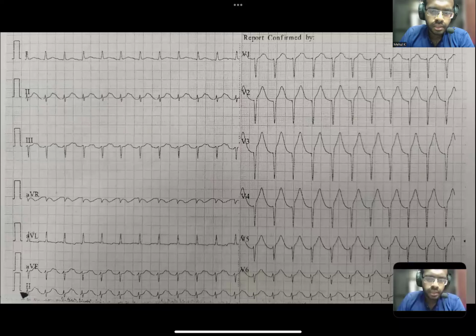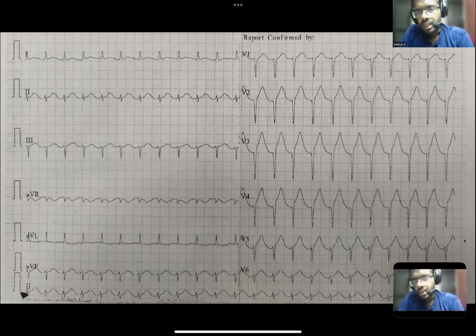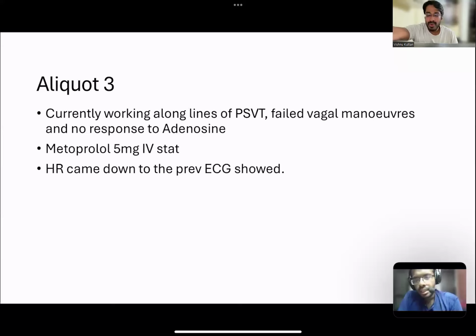So definitely history will help us here. So whether there is any history to suggest the patient is having sepsis or any other reason why the patient could be having this kind of tachycardia. Yes, sir, through the history. And other things that you look for on the monitor is whether there is gradual going up and going down of the heart rate or whether it is constant at a particular rate.